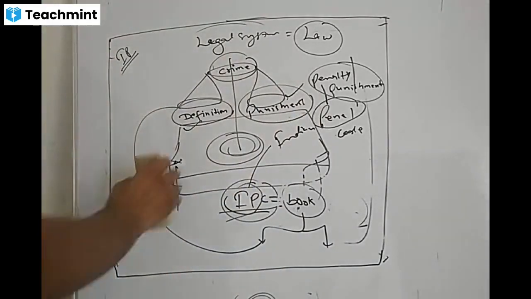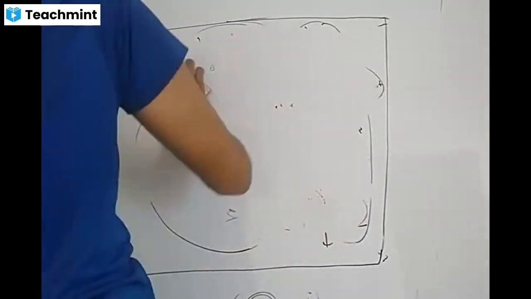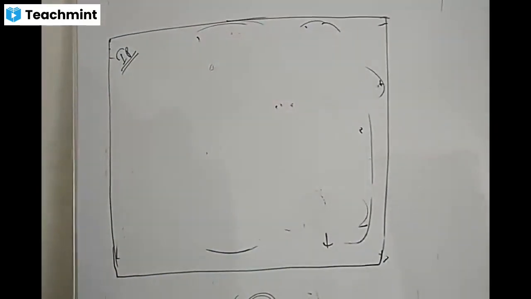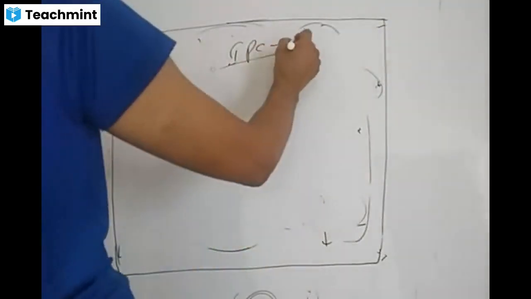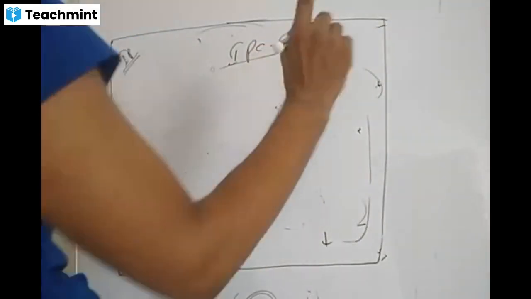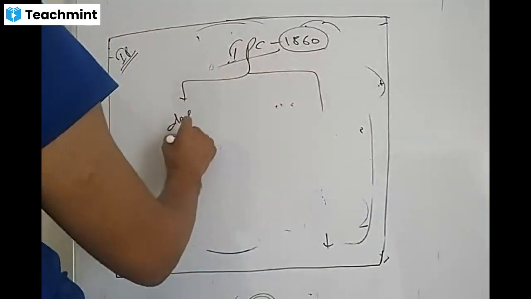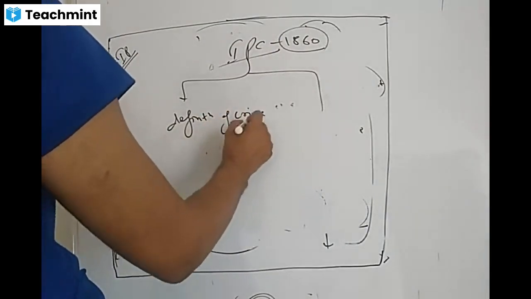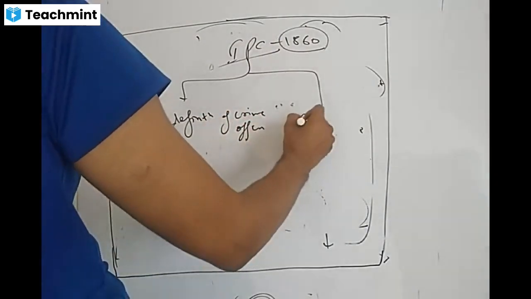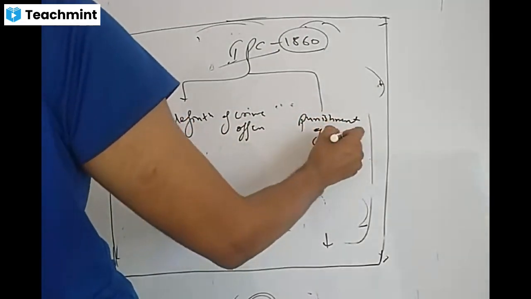For example, suppose this is your IPC book, that is 1860. This date is very important. So in IPC, we have definitions of a crime or offense, and second is the punishment of a crime.